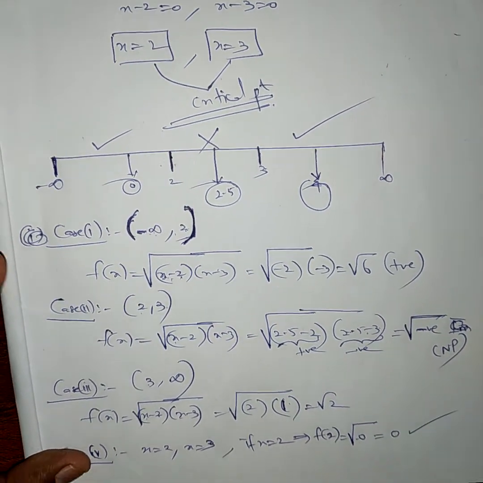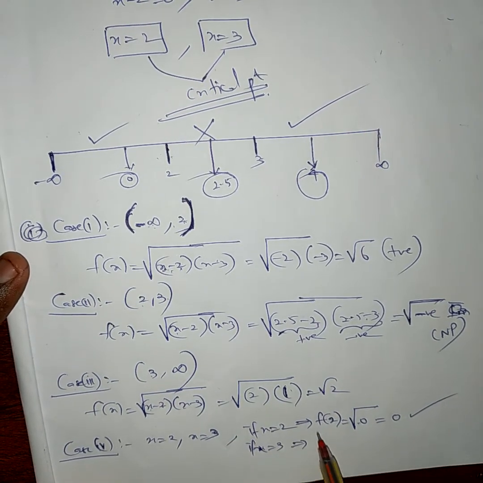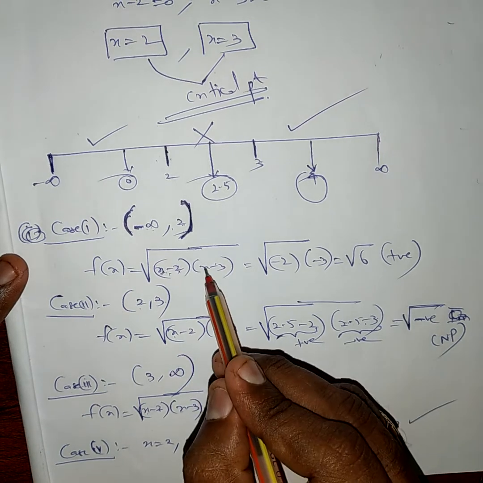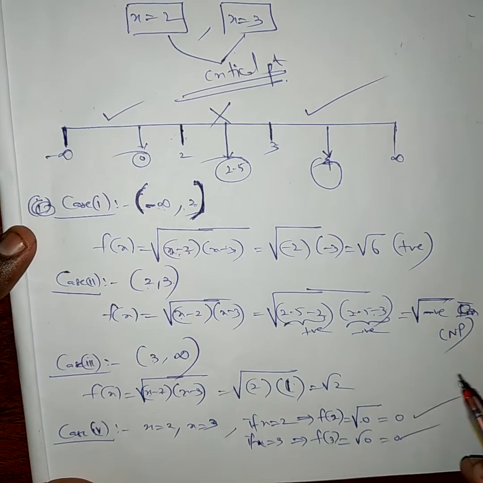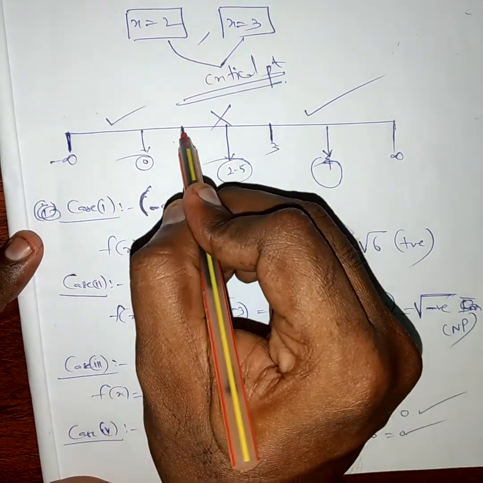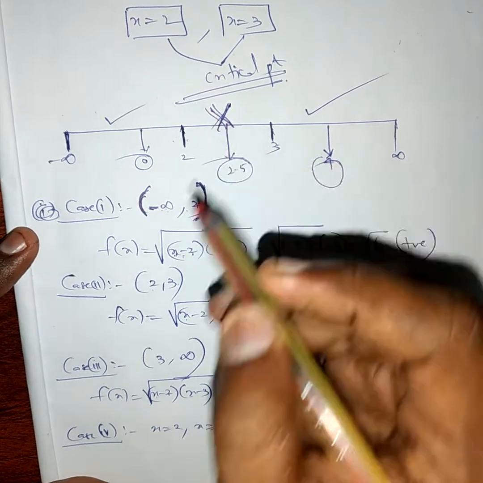This is a possible value. If x is equal to 3, f of 3 is also the square root of 0, since 3 minus 3 is 0. This is also a possible value. Both are possible, so I can take 2 also and 3 also. But the interval 2 to 3 alone is not possible.